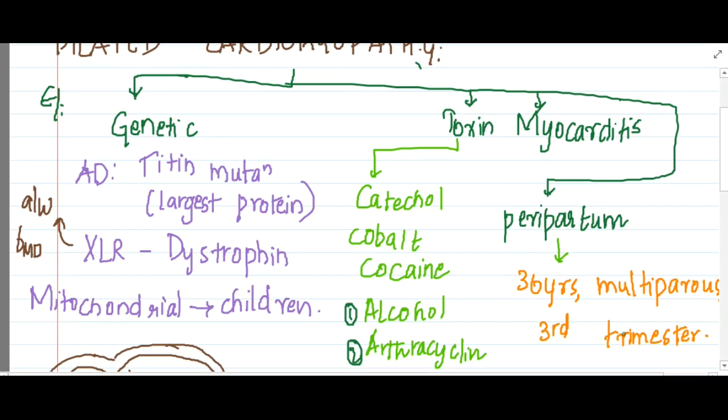Then peripartum, or childbirth. The cardiomyopathy which occurs in late pregnancy, in the third trimester, or in the postpartum period for some months, is called peripartum cardiomyopathy. Its mechanism is poorly understood and multifactorial.